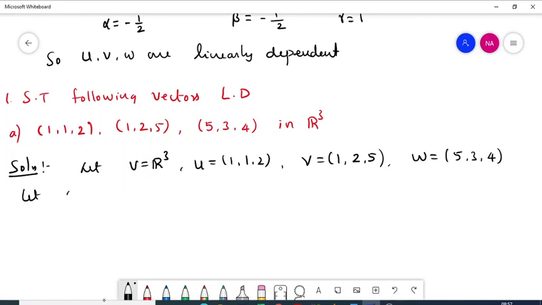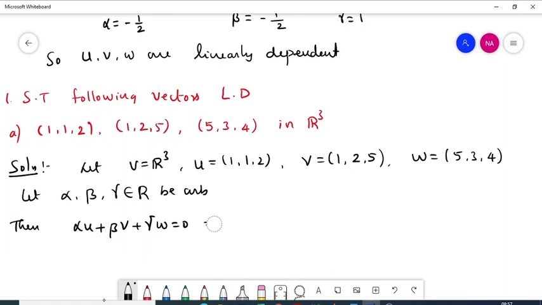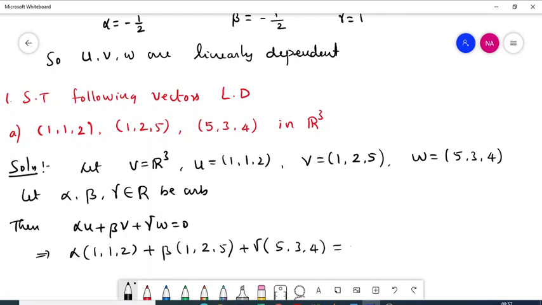As usual, you have to choose 3 scalars alpha, beta, gamma belonging to R, arbitrary. Then alpha U plus beta V plus gamma W equal to 0 implies alpha times (1, 1, 2) plus beta times (1, 2, 5) plus gamma times (5, 3, 4) equal to (0, 0, 0).